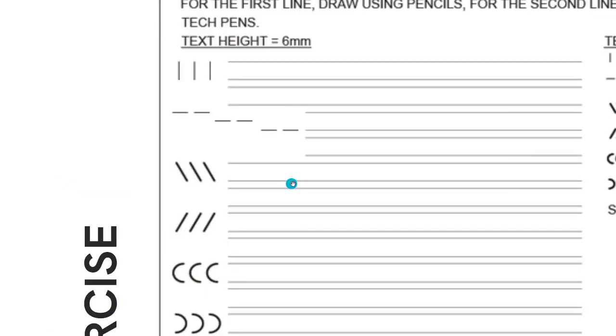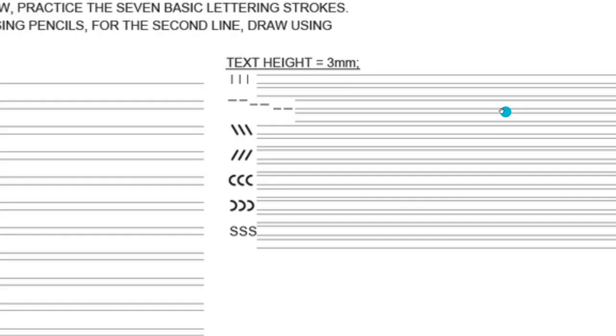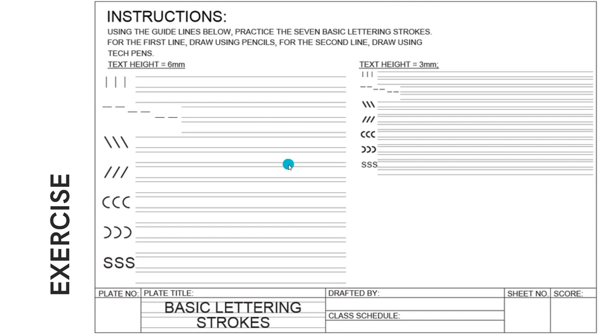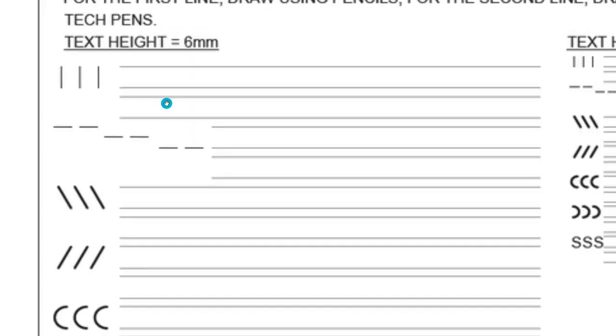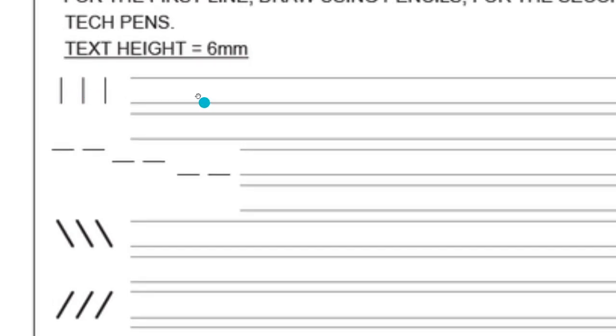Just make the strokes, that's okay. Don't overthink this exercise, don't overthink this plate. It is really better if you do it on your own. Do not use rulers. Freehand sketching for everything. No use of rulers, no use of straight edges. It is freehand. Don't overthink.